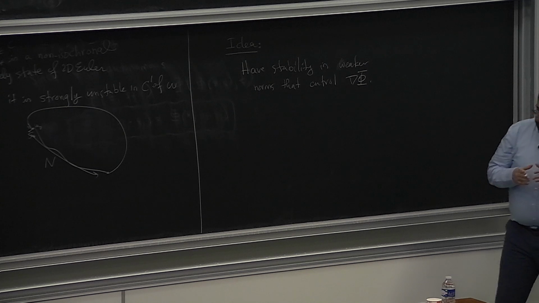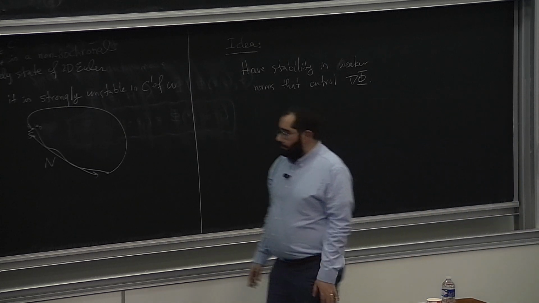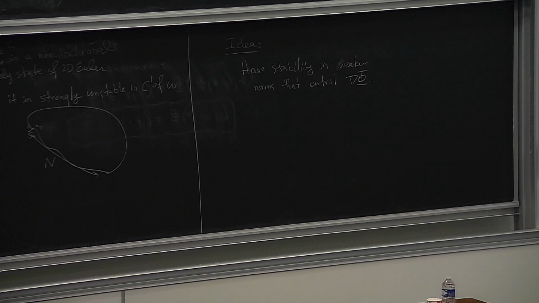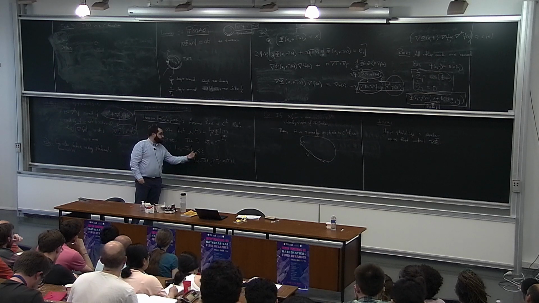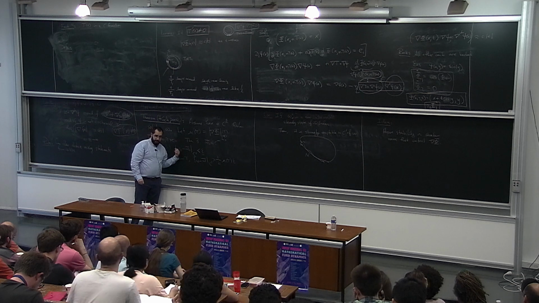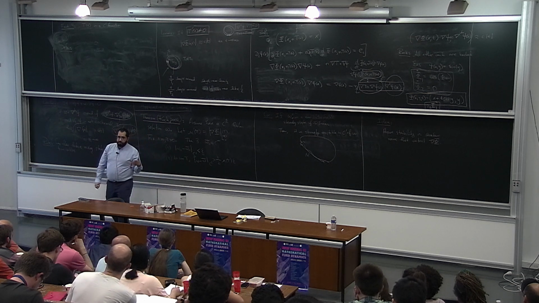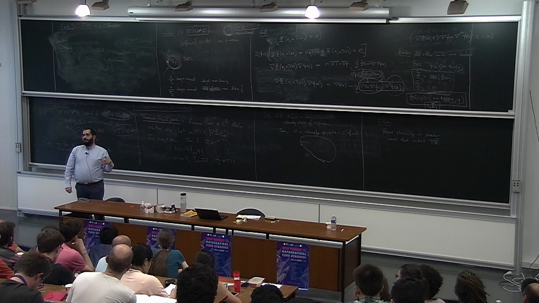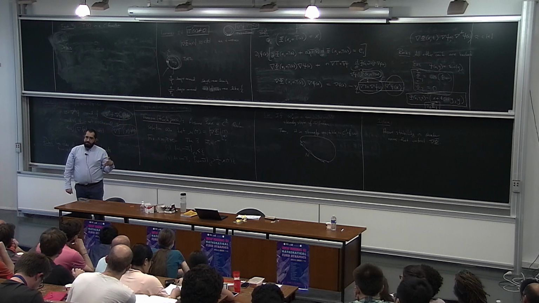You see, when you make a perturbation of size epsilon in C1, the C1 of vorticity is almost C2 of the velocity. What do you need to control the trajectories, to control phi and the gradient of phi?